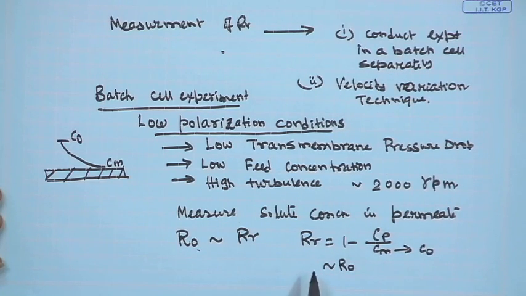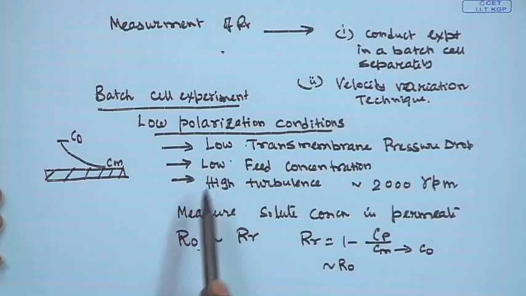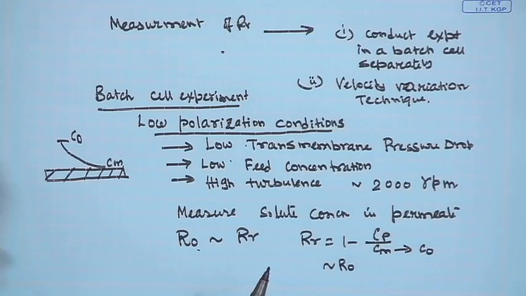So, whatever retention I observe in these small batch cell experiments in a small laboratory setup, which is highly under our control, the observed retention will tend to the real retention. Now, these low polarization conditions may not be realizable in an actual industrial scale operation, where you cannot go beyond a particular turbulence because of the limitation of the flow conditions.